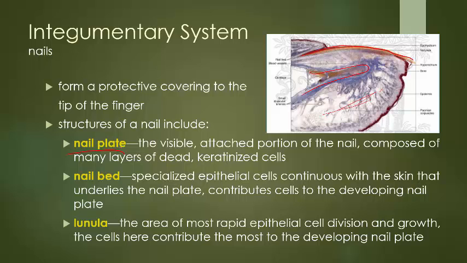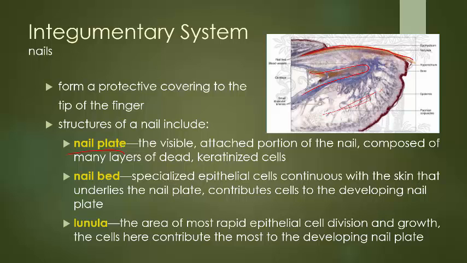And the nail itself is composed of many, many layers of dead keratinized cells that are strongly adhered to each other. The nail bed is a region of specialized epithelial cells that are continuous with the skin and underlie the nail plate.